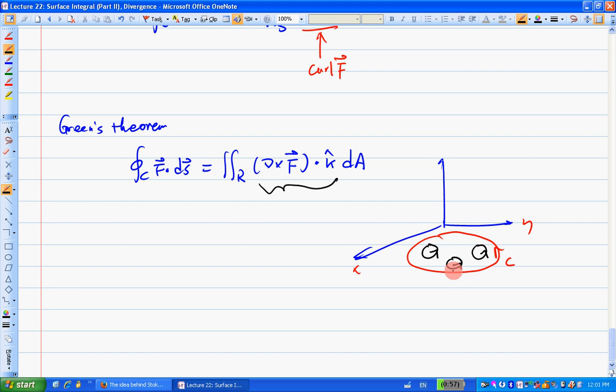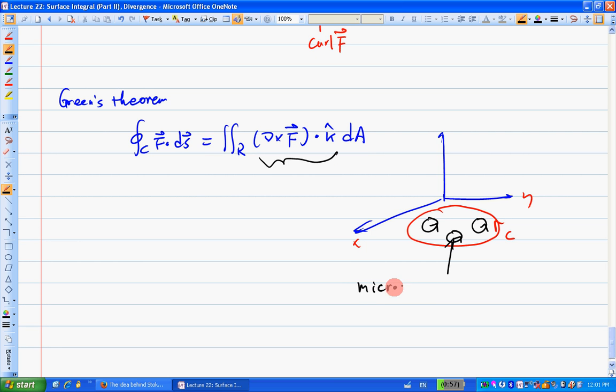So this guy at this location here, if I call it microscopic circulation, that is basically equal to curl F dot k hat. Now recall, circulation has two basic concepts. One is the direction, which is determined by the area that you picked here.